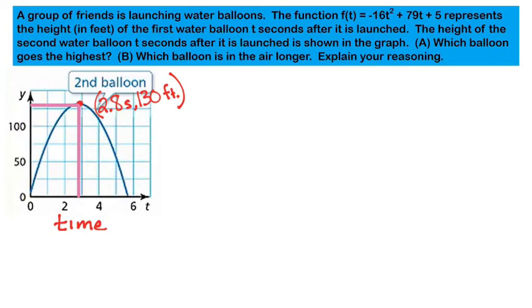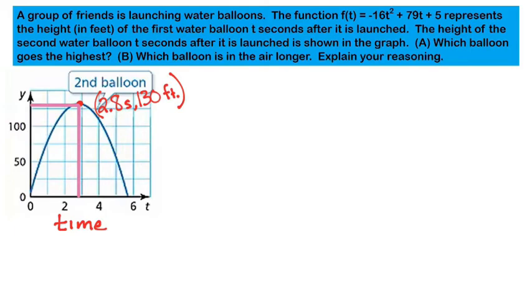On the x-axis, we're measuring time, and each square on the x-axis counts as 1 second. So I'm just estimating that our vertex is a little bit in front of 3 seconds. So I'm making a guess that 2.8 seconds is the right amount of time that it would take for the water balloon to get to its maximum height.